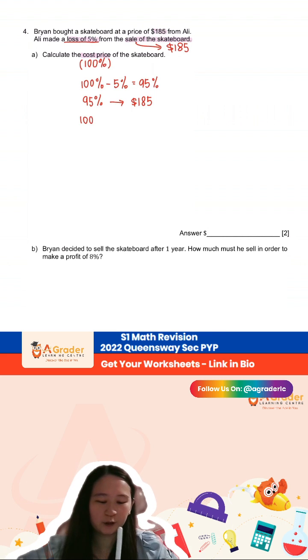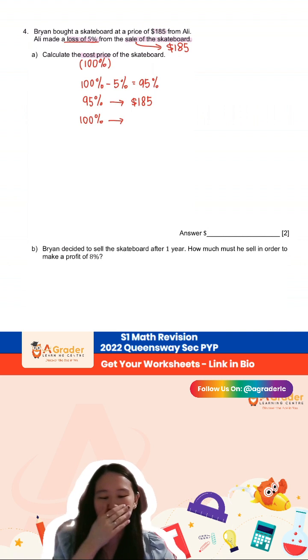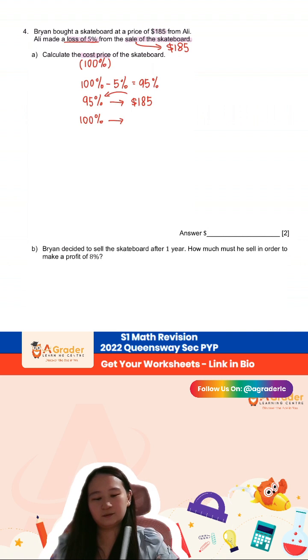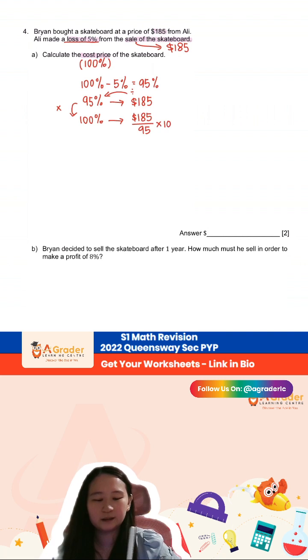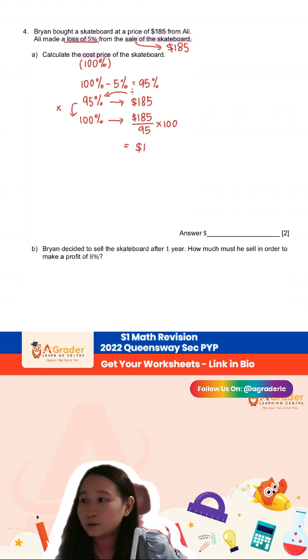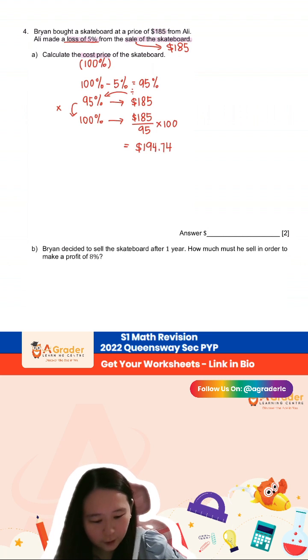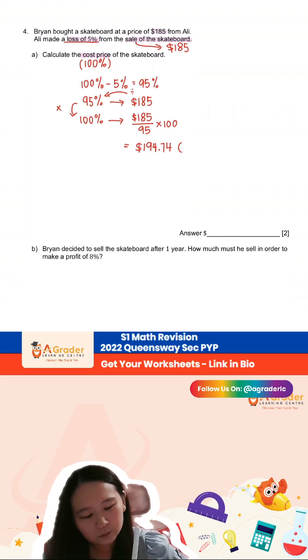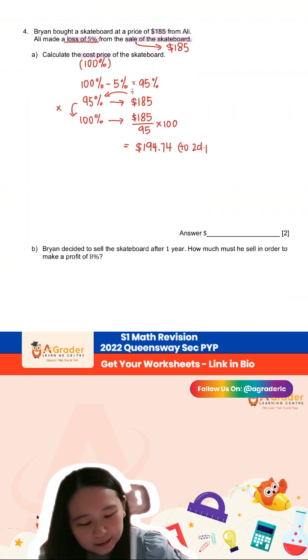Then we can find 100% from here. So similar to primary math, divide times. So we take $185 divided by 95 times 100. So equals to 194.74. We round it off to 2 decimal places.